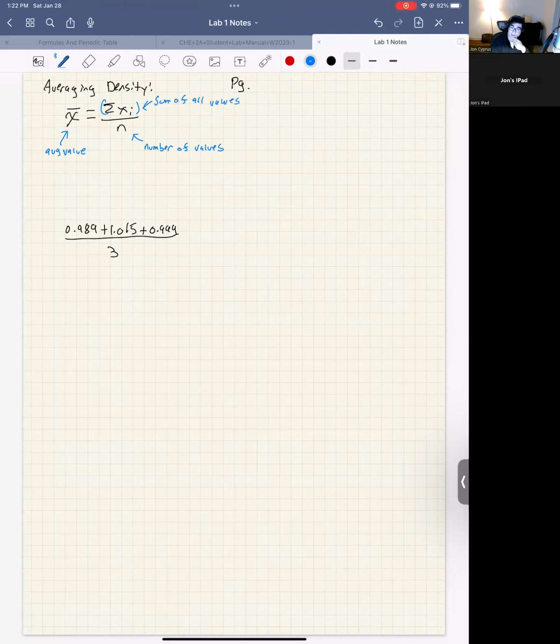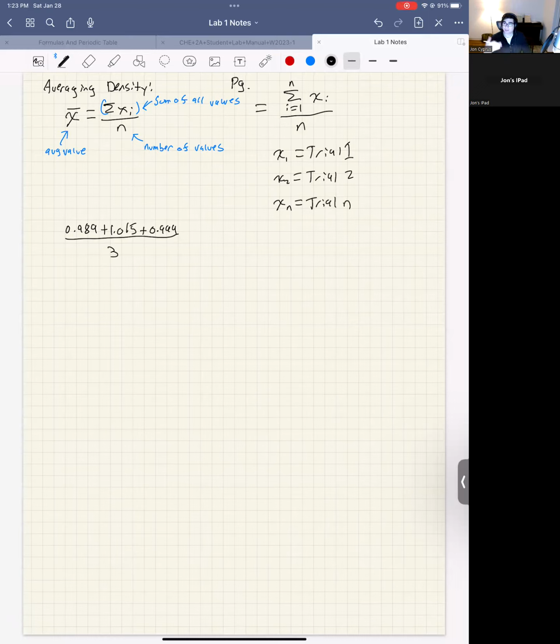A more proper way to write the top would be with a sigma of i equals 1 to n of xi. So what this means is you start at 1, i equals 1. What does that mean? x1 is trial 1. x2 is trial 2. And so on and so forth until you get to however many trials you have.